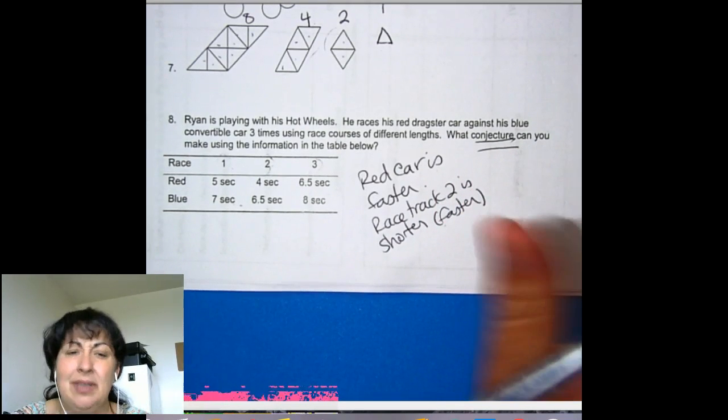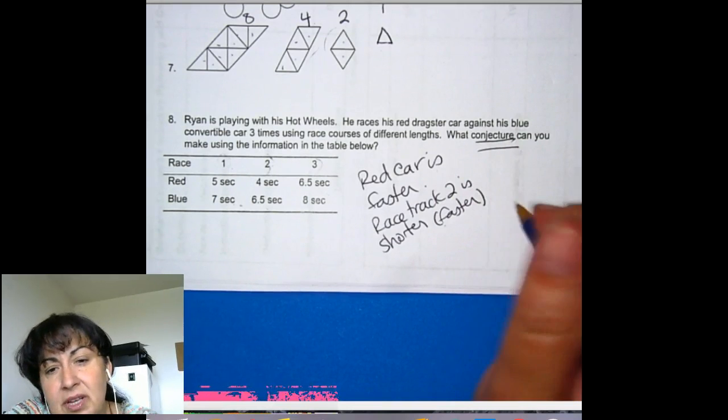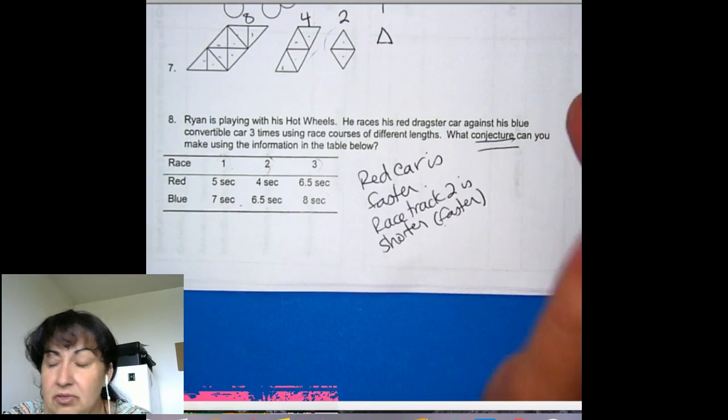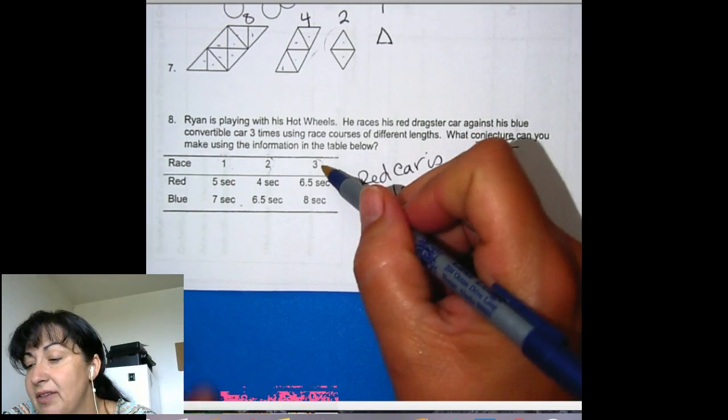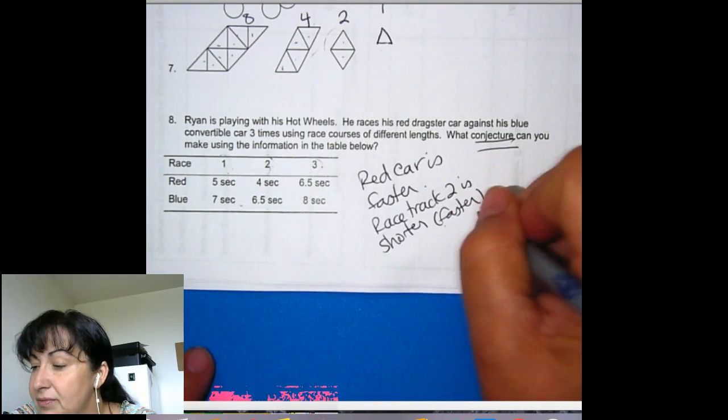Maybe it's got dips in it or something that makes it go faster, but usually it's flat and they're just shorter. And then racetrack 3, I'm sorry, is faster.